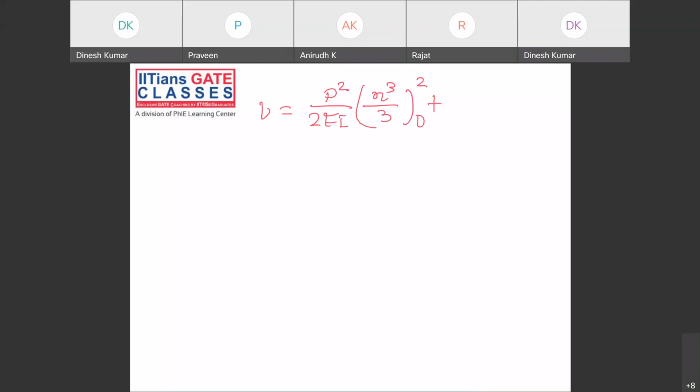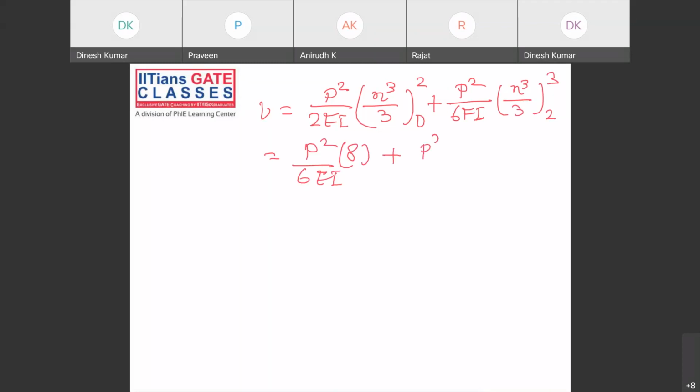Then P square out, then 6EI out, and again the integration x cube by 3, from 2 to 3. So further, P square upon 6EI, and if you put the limit, it will be 8.